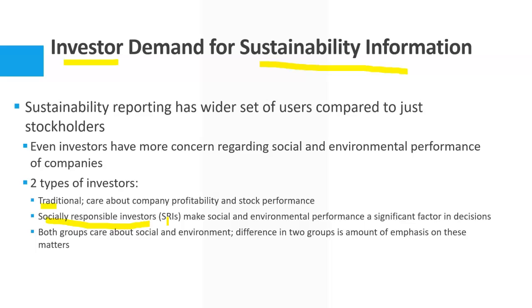So what is the distinction between these two groups? The distinction is not clear-cut. Why is it not clear-cut? When we say that the SRI needs the social and environmental performance, this is the significant factor when they make the decision.